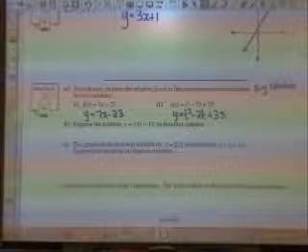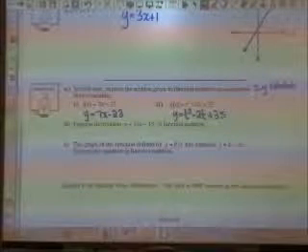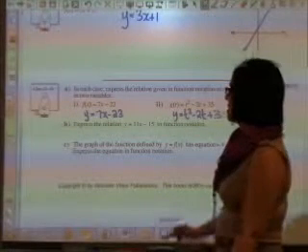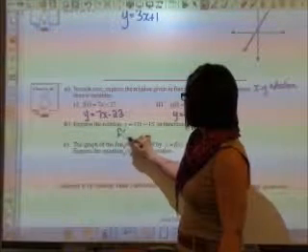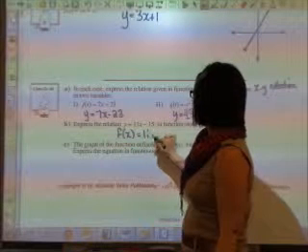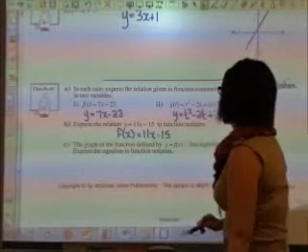I can go backwards. If I have an equation that says y equals 11x minus 15, and I want to put that in function notation, instead of writing y equals, I write f of x equals 11x minus 15.